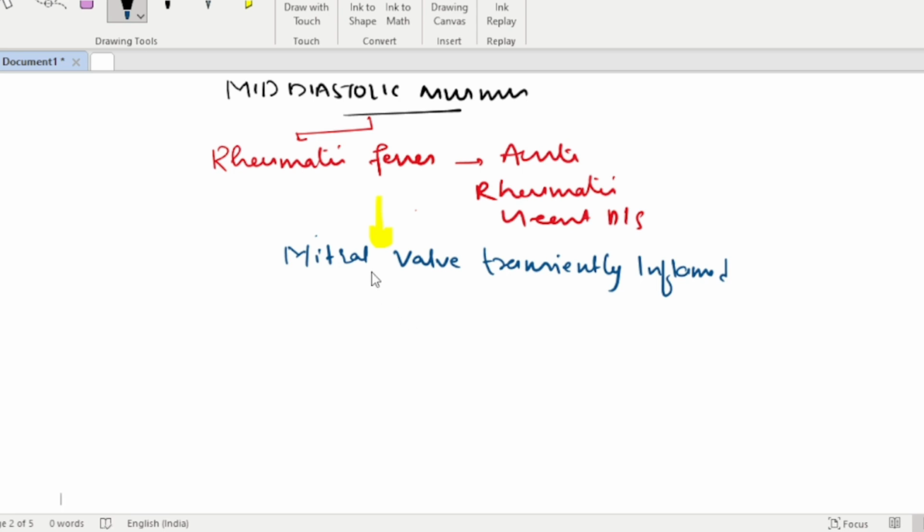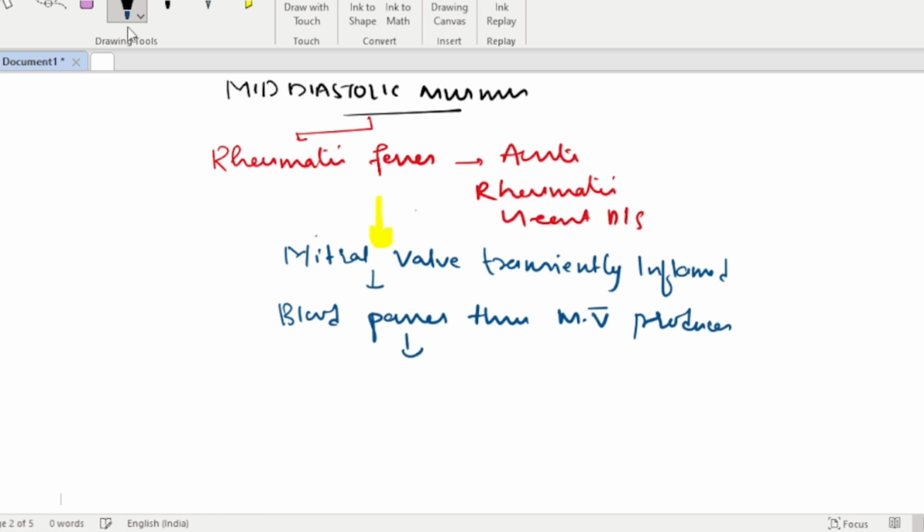Now what will happen? Since the mitral valve is now inflamed, when blood passes through the mitral valve, what type of sound does it produce?